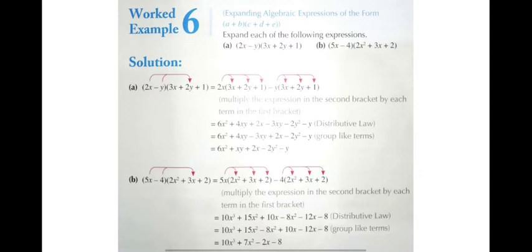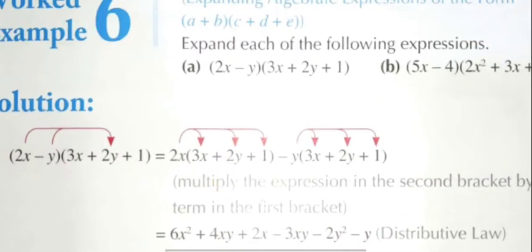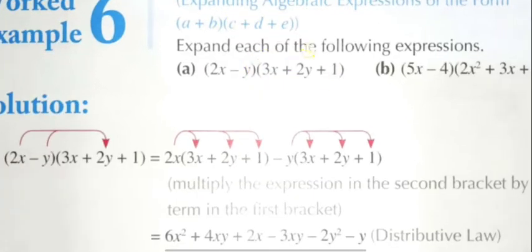So another example, this one is a bit more advanced. The second bracket now has three members. So the way you do it, still times in, but now the process will be a bit longer.